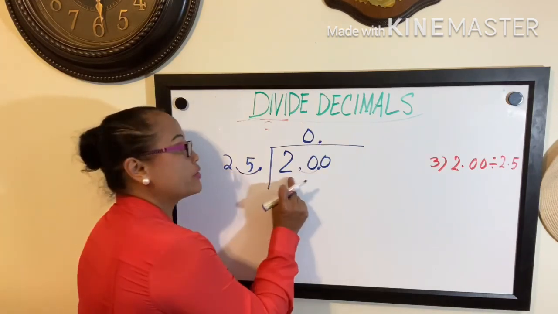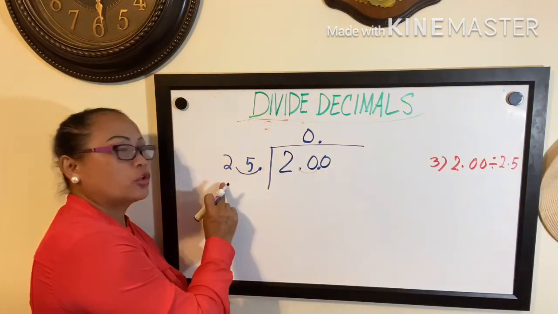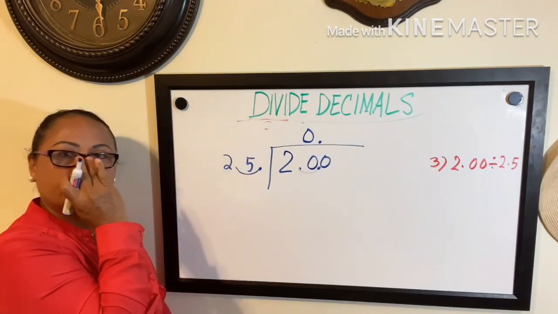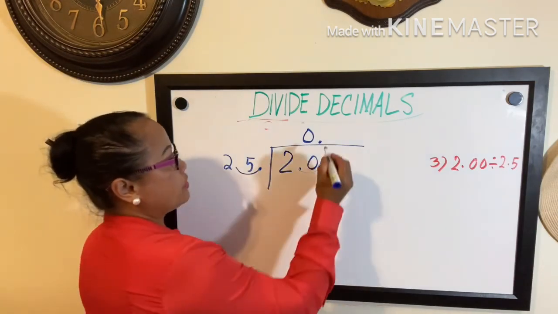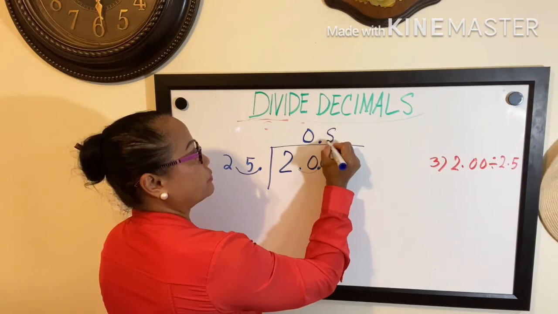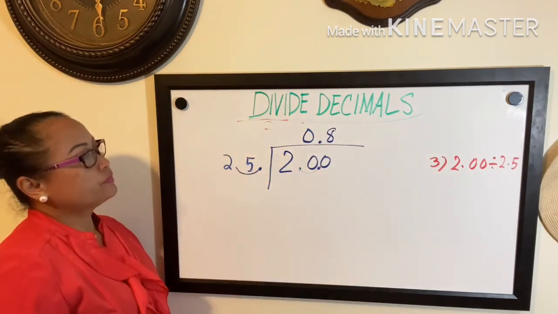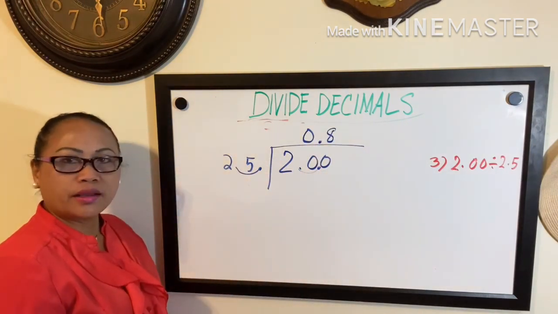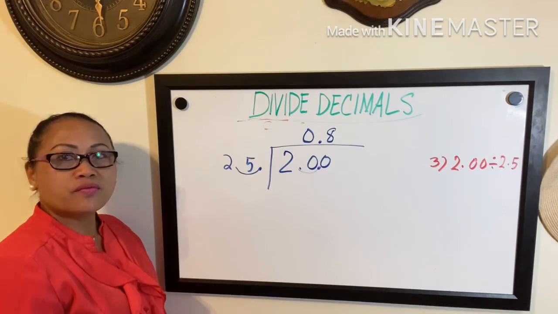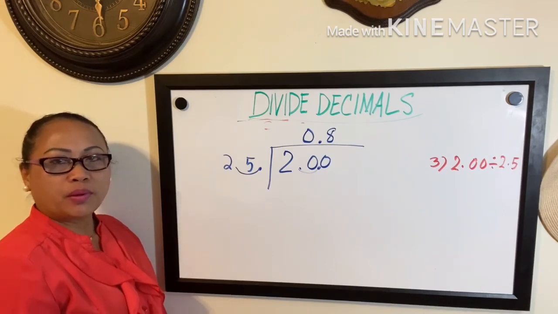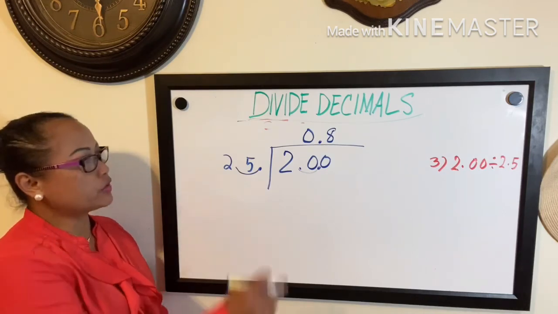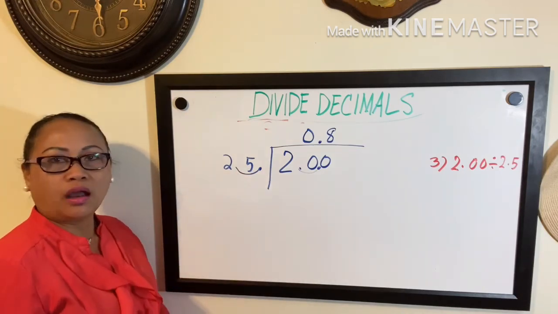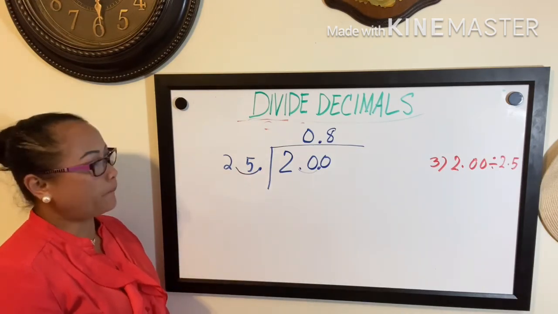Or 200 divided by 25. There are 8. Because in 100, there are 4. And then plus another 100, because we have 200 here, another 4, so it's 8.